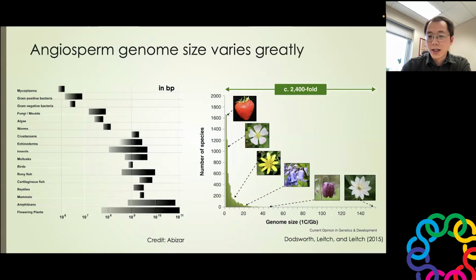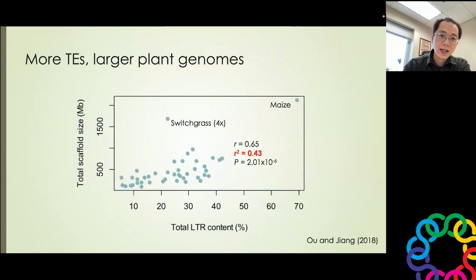With this huge genome size, people wonder what is stuffed into the genome, and that produces a paradox called the C-value paradox. Take this very tiny genome, strawberry, and this large genome, Japanese lily. Seemingly they are similar plants, right? But how come the genome size varies so much while their phenotypic complexity does not change that much?